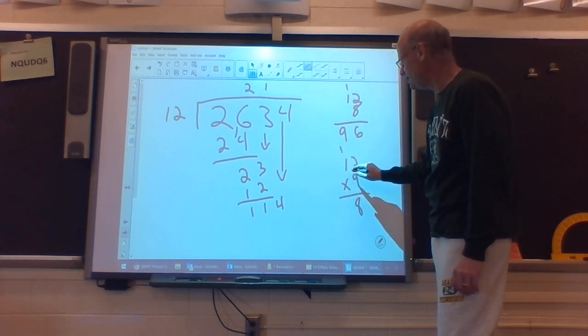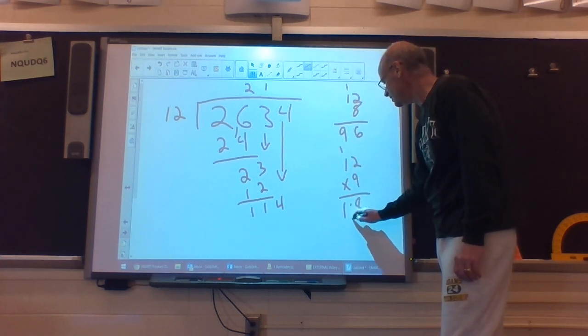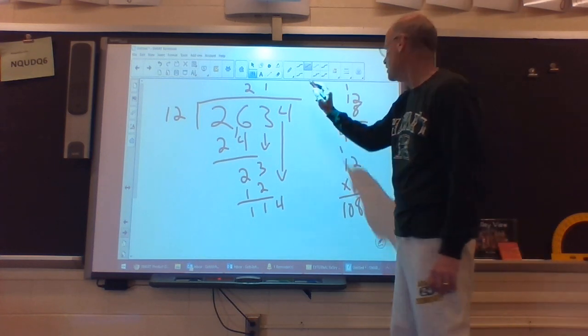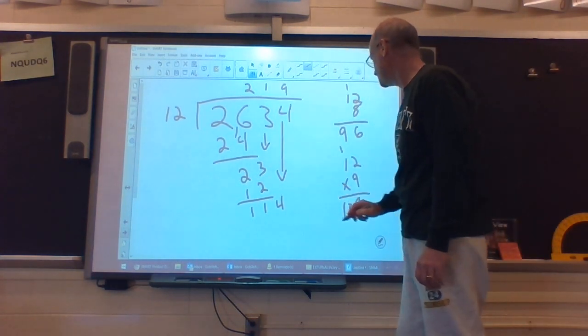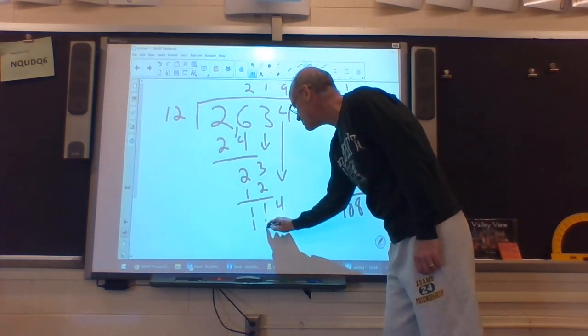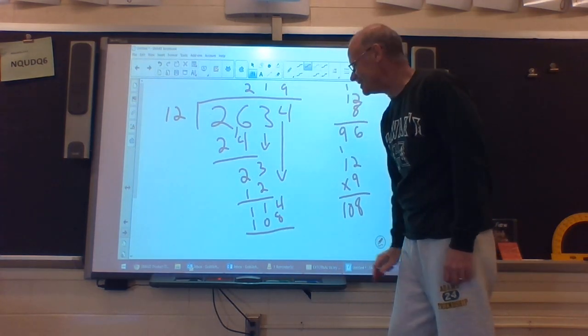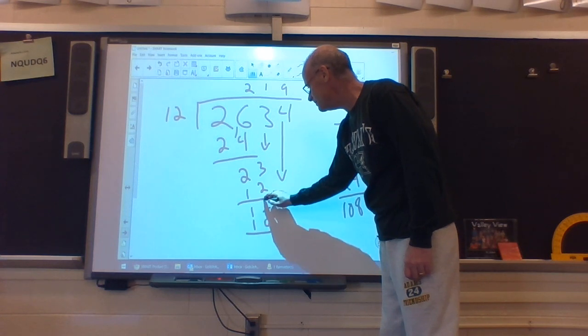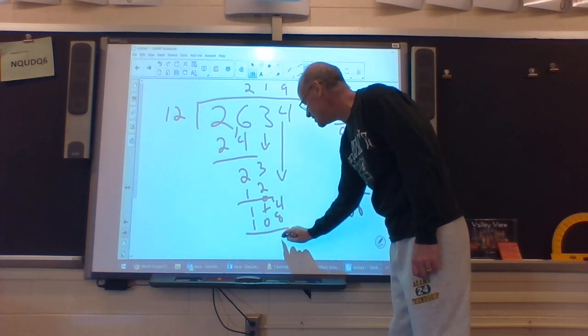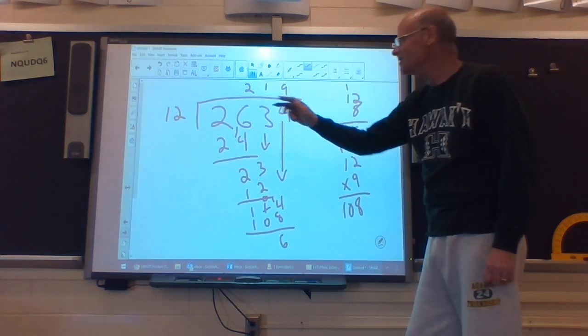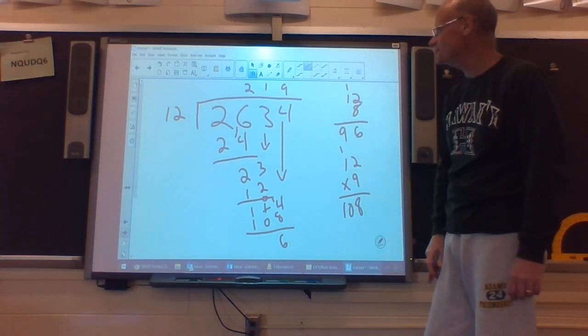Carry 1. 9 times 1 is 9. 108. So it is going to be a 9. And I subtract 108. 4 take away 8, I can't do. Then go next door and buy some sugar. That becomes a 0. 14 take away 8 is 6. 6 is smaller than 12, so that was a good choice.